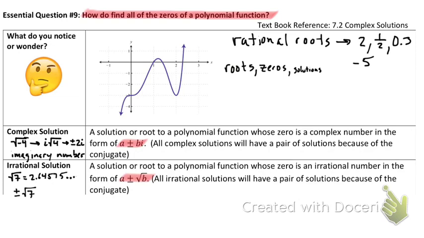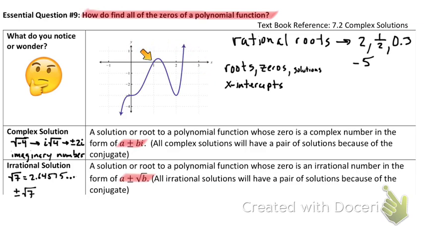Another way we can say this thing is x-intercepts. Okay? And what these things really mean is when we have a polynomial function, it is actually graphable. We can actually graph it. So if you look, here is an example of a graphed polynomial function, okay? If you're looking at the graph, it's actually really easy to see the solutions or the roots or the zeros or the x-intercepts.